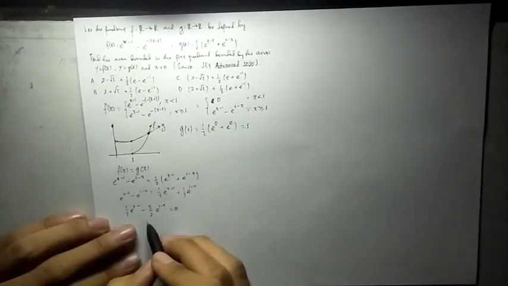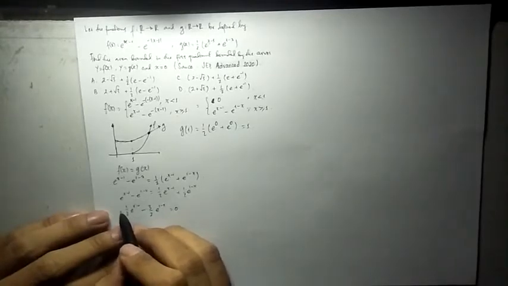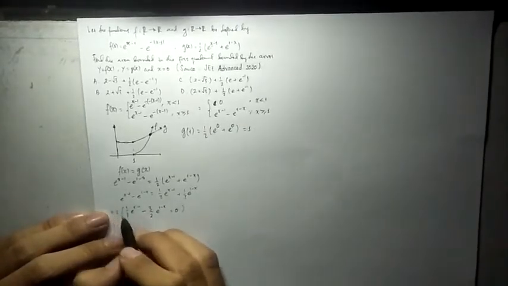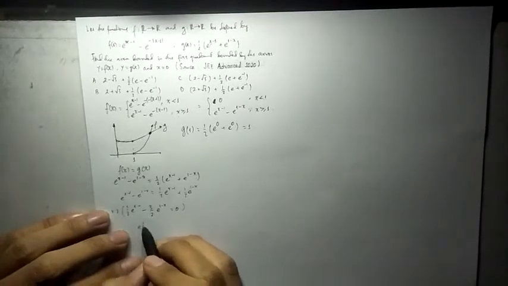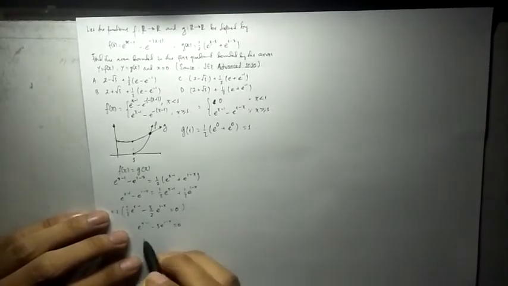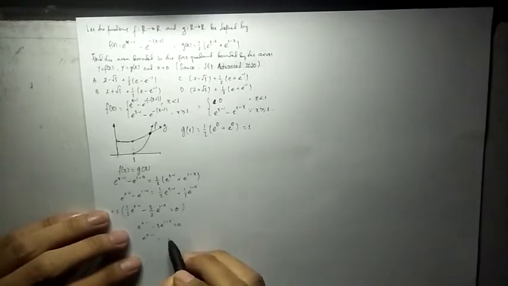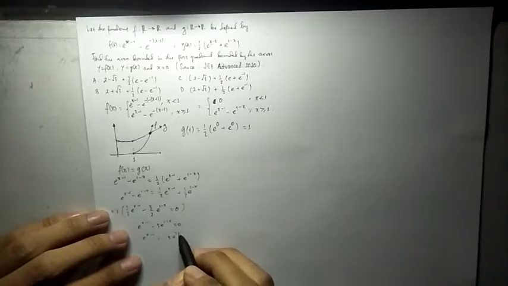Now you can multiply it by 2. So you got e to the x minus 1 minus 3 e to the 1 minus x equals 0. So that e to the x minus 1 equals 3 e to the minus x.